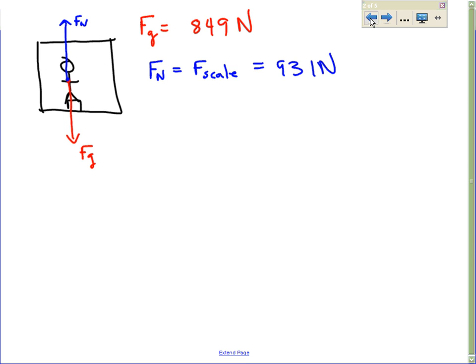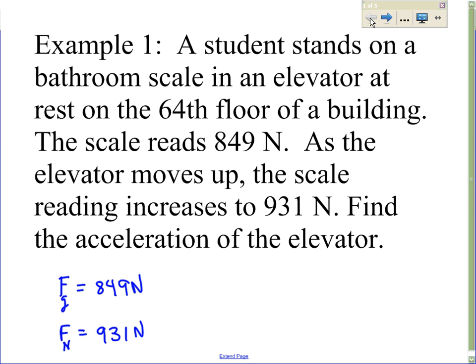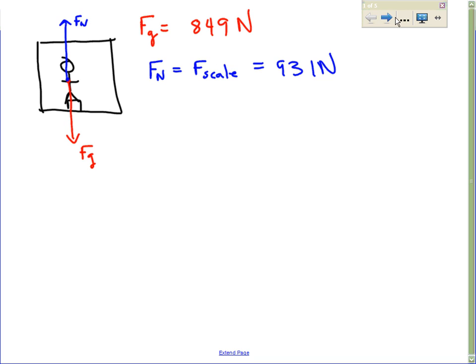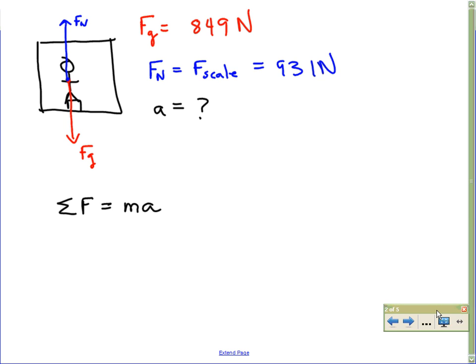The question asks find the acceleration of the elevator. So our goal is to find A. Now if we look at the summation of forces on the person, the summation of the forces will accelerate the student. Now we can get the mass of the student by going back to the weight and dividing by 9.8.